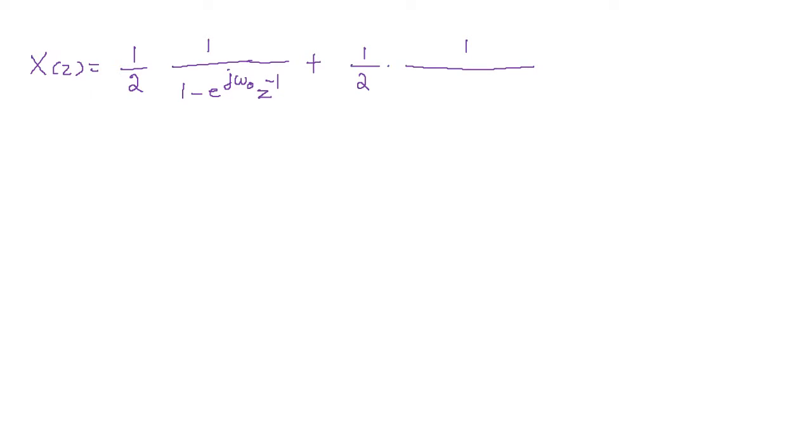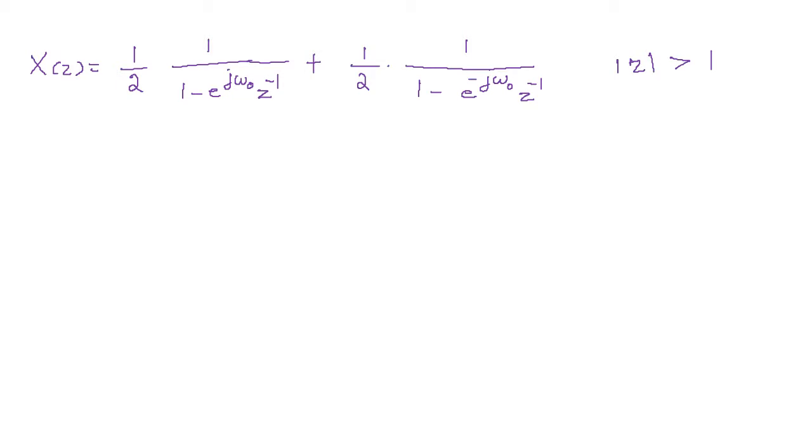So we already have this result: X of z is equal to 1 by 2 into 1 divided by 1 minus e raised to j omega 0 z inverse, plus 1 by 2 into 1 divided by 1 minus e raised to minus j omega 0 z inverse, and of course the region of convergence is mod z greater than 1.